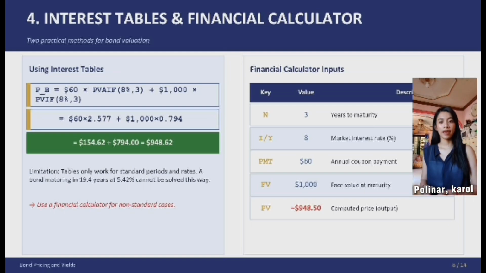On the right side, the same computation is done using a financial calculator by entering the years, interest rate, coupon payment, and face value. The calculator quickly gives the bond price, showing that it is faster and more convenient for real-life computations.